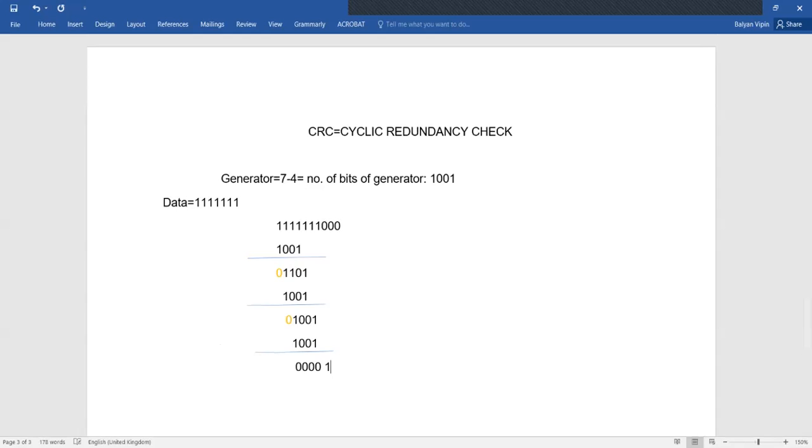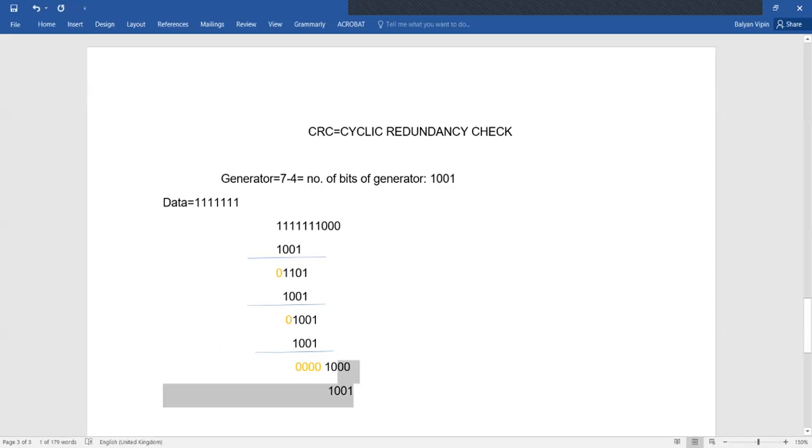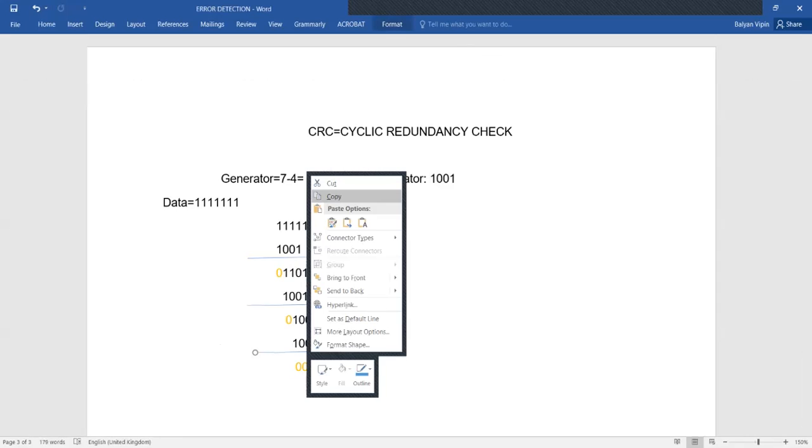So you are going to bring all these down, and then again, up to what point do you have to do this? Until all the numbers are brought down in this area. So now you will run the same XOR operation again.